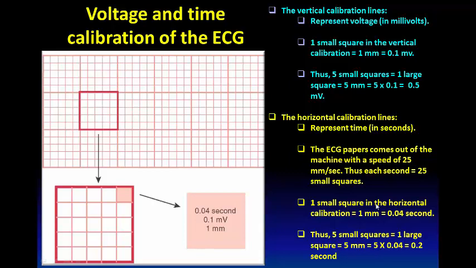Thus, 1 small square, 1 millimeter in the horizontal direction, is equivalent to 0.04 of a second, because 1 second is equivalent to 25 small squares. And 5 small squares in the horizontal calibration are equivalent to 5 millimeters, or 1 large square, and these are equivalent to 5 multiplied by 0.04, so they are equivalent to 0.2 of a second.